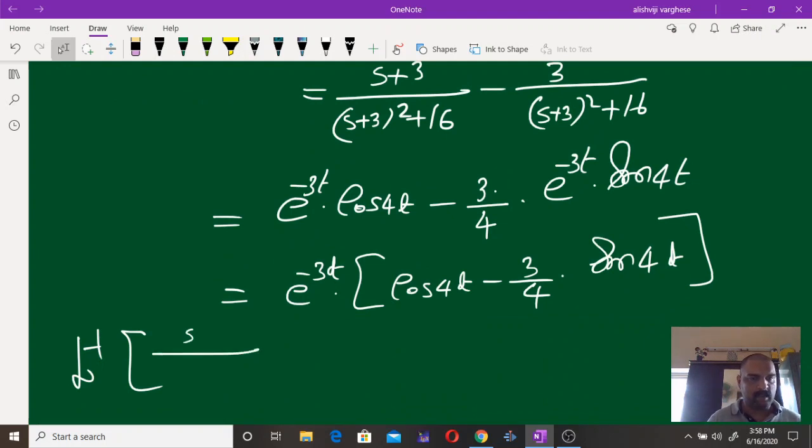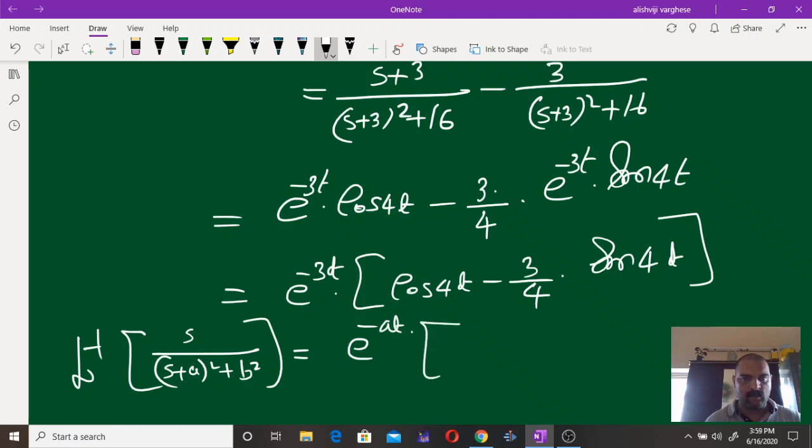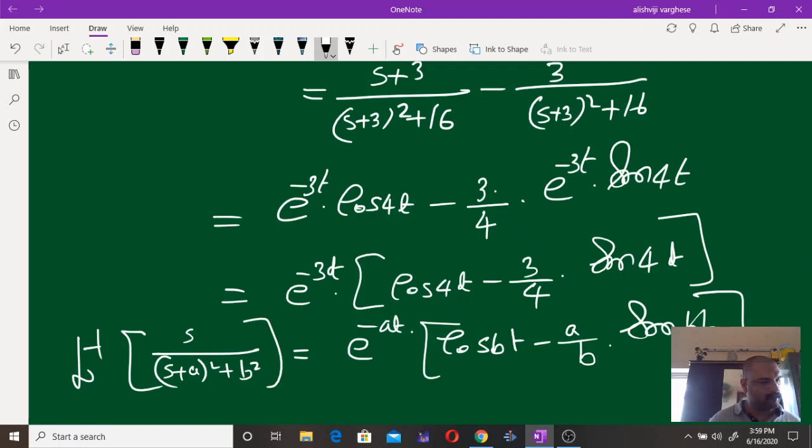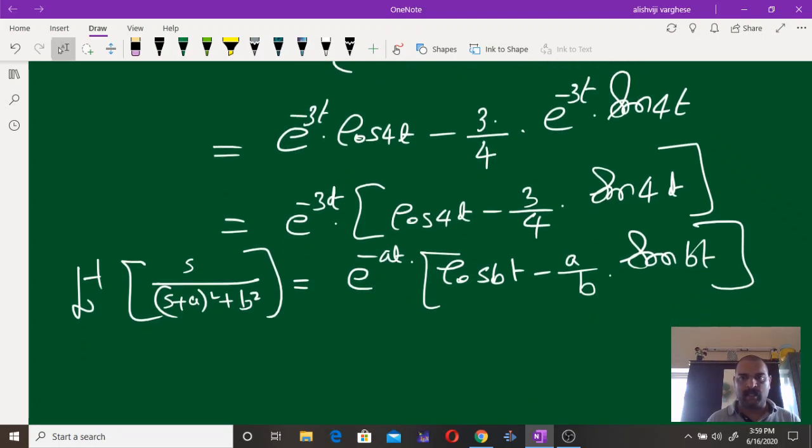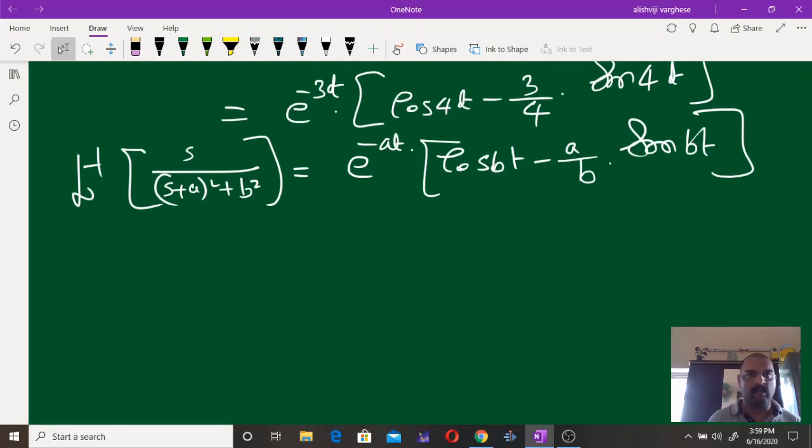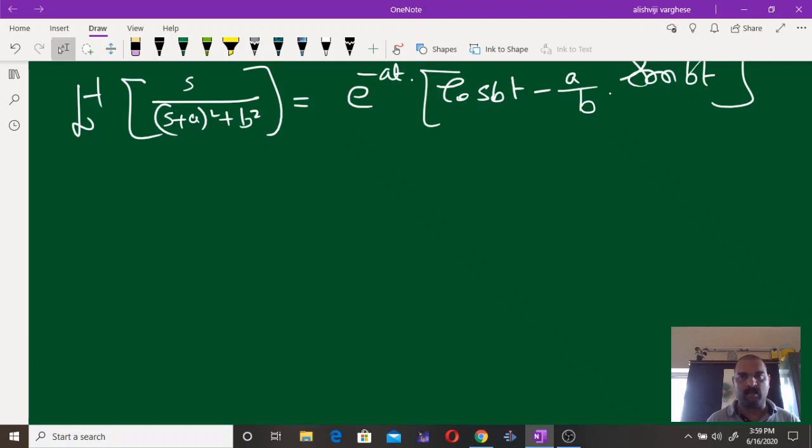Inverse transform of s by s plus a or s minus a the whole square plus b square can be obtained in a single step as e raised to minus at into cos bt minus, 3 by 4, that is a by b, into sine bt, something like this. I think I tabulated the formula in our list of inverse Laplace transforms, and you can do either method. Either you have to remember by heart the formula, or you can solve it for each and every independent problem.